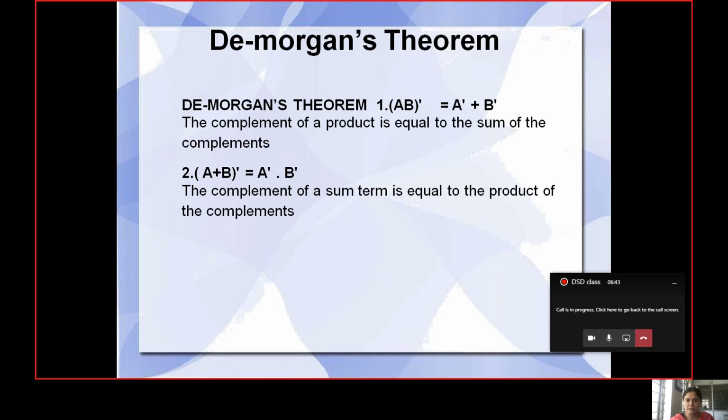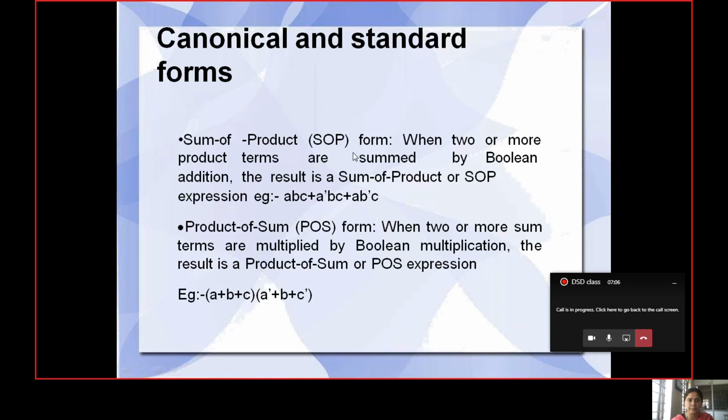Coming to De Morgan's theorem, AB whole bar is equal to A bar plus B bar. In the same way, A plus B whole bar is equal to A bar into B bar. If it is multiplication, it is converted into plus. If it is plus, it is converted into multiplication. Okay, this is De Morgan's theorem.